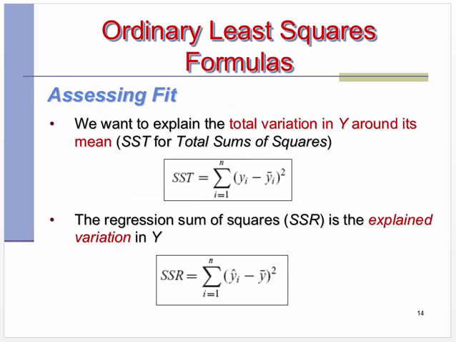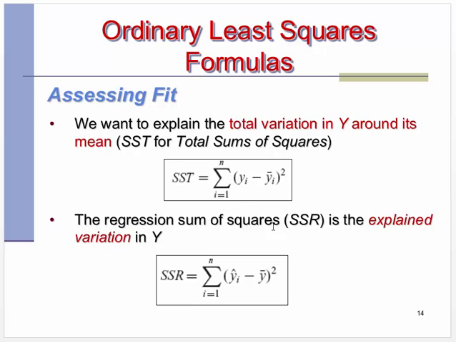Now, how do we assess the fit? How do we know the fit is good? We want to explain the total variation in y around its mean. The total sum of squares, SST, just like before, equals the sum of individual y values minus y bar, the mean, squared.